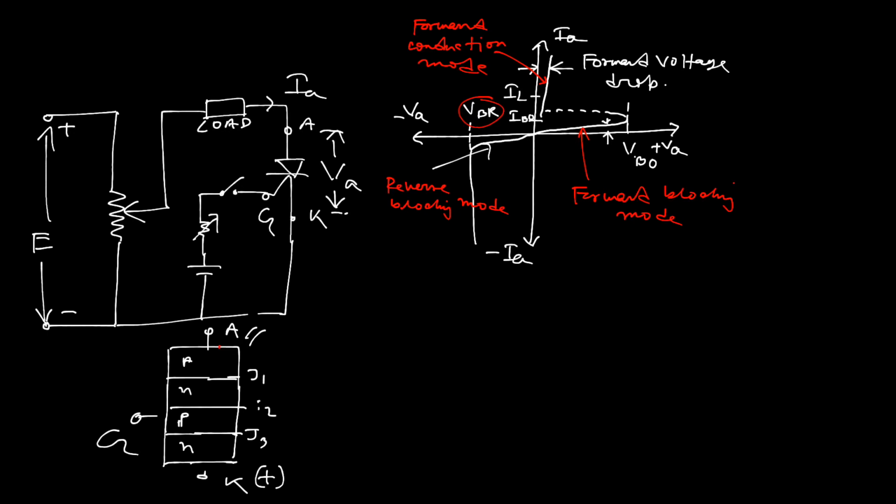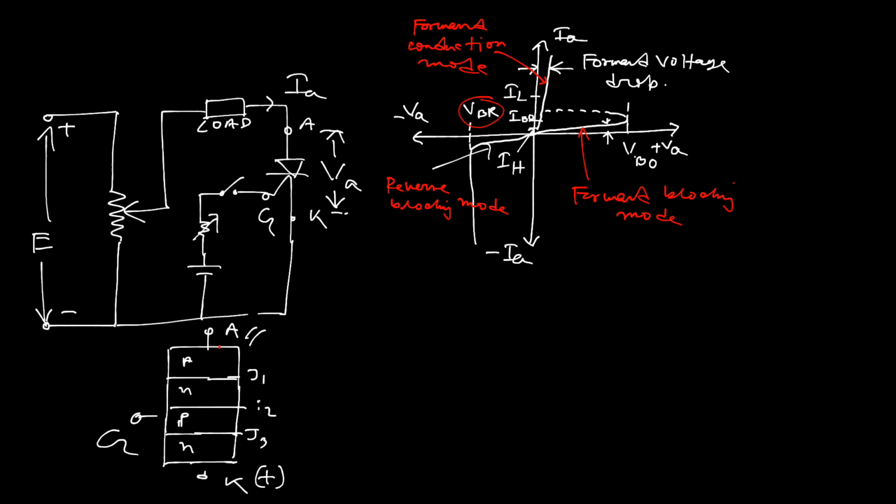Suppose we again reduce the current to a particular value below IBO, this is actually called the holding current, defined by IH. If the anode current is reduced to the value of IH or below IH, then we can say the switch is in the off state and all the junctions have recovered. The switch has regained its blocking state.